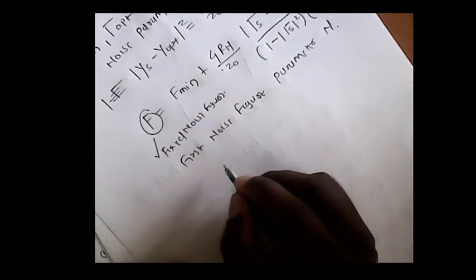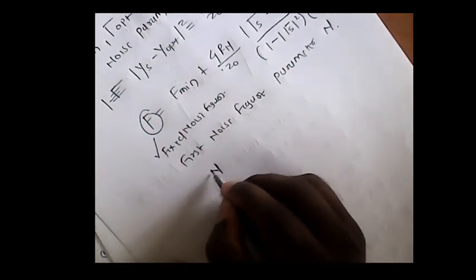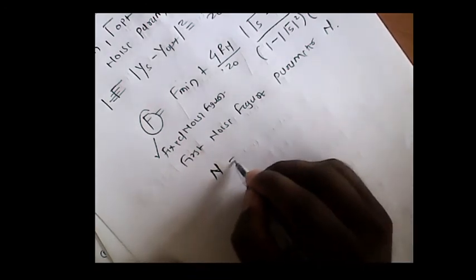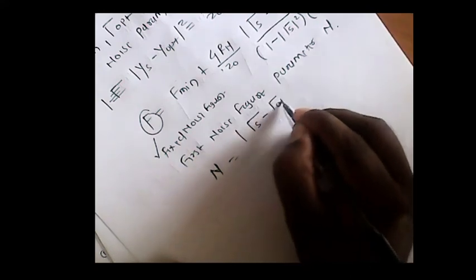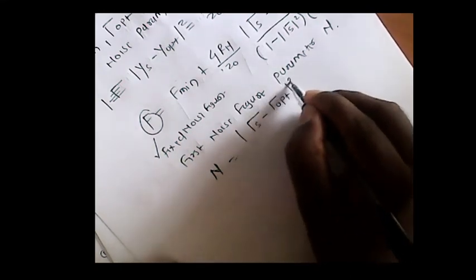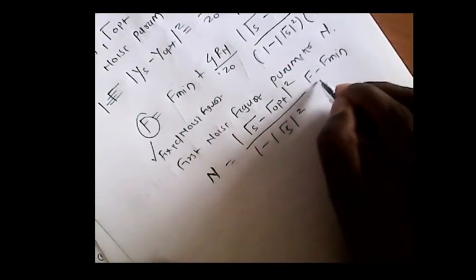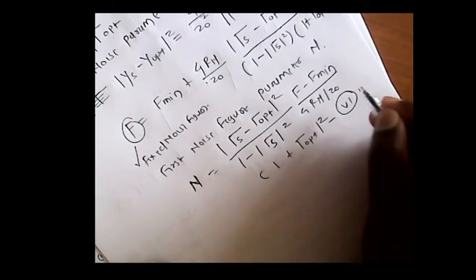So n is the first parameter of the noise figure in terms of the reflection coefficient: gamma s minus gamma optimum square divided by 1 minus gamma s square is equal to F minus F minimum divided by 4 Rn by Z0 into 1 plus gamma optimum square. So this is equation number 6.